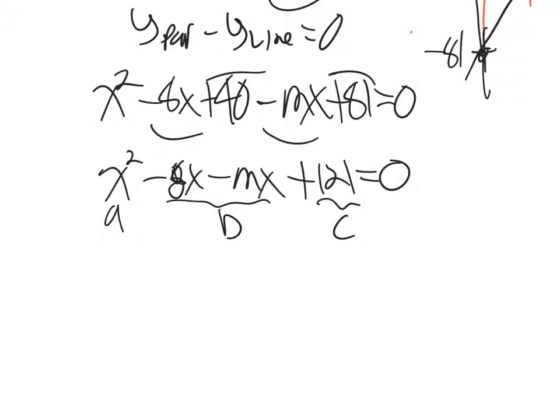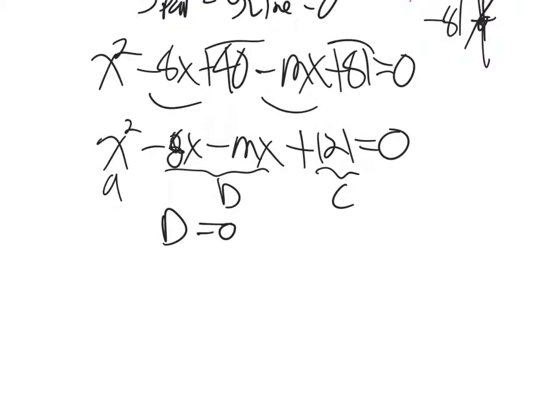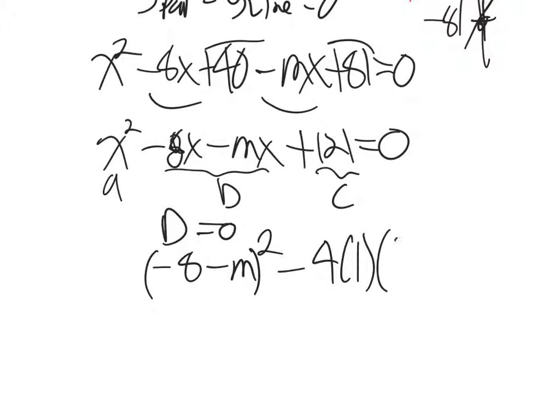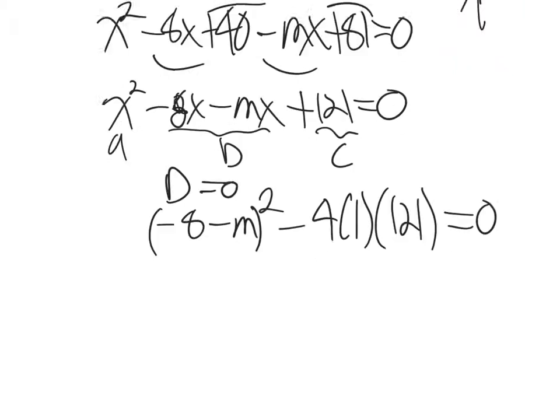So for the tangent condition, one solution, I know the discriminant is 0. In other words, b squared minus 4ac is 0. b is worth negative 8 minus m, the coefficient in front of x, squared, minus 4, a is 1, and c is 121. That has to be 0 for a single intersection point.